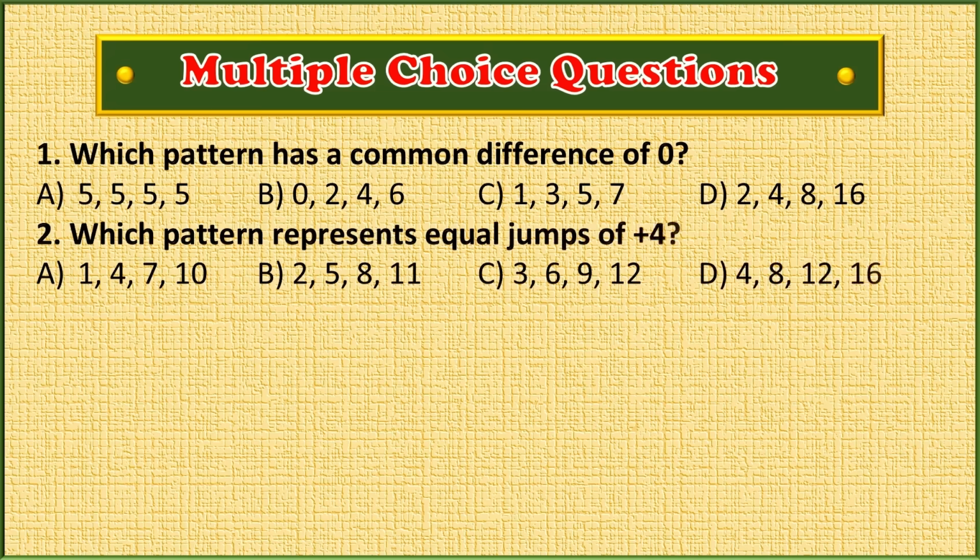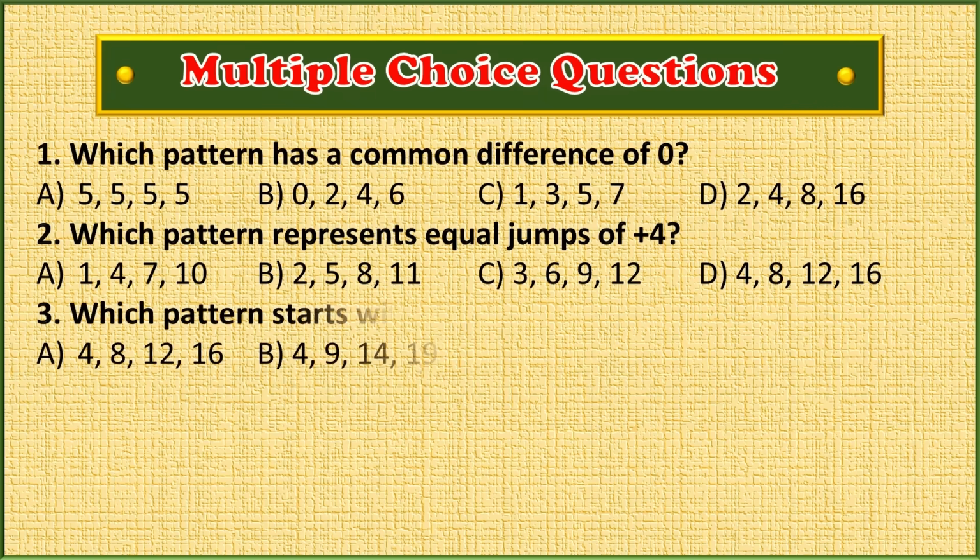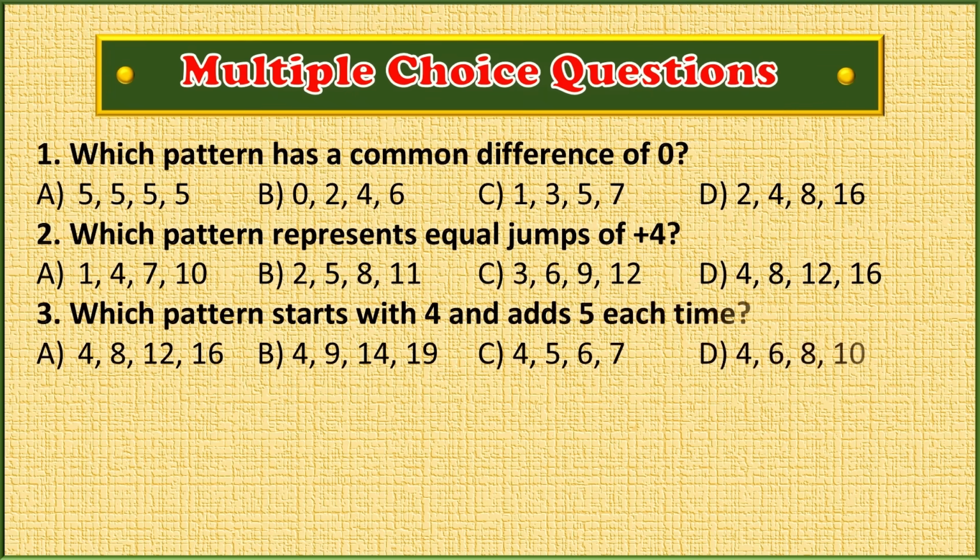Which pattern represents equal jump of plus 4? 1 4 7 10, 2 5 8 11, 3 6 9 12, 4 8 12 16. Which pattern starts with 4 and adds 5 each time? 4 8 12 16, 4 9 14 19, 4 5 6 7, 4 6 8 10.